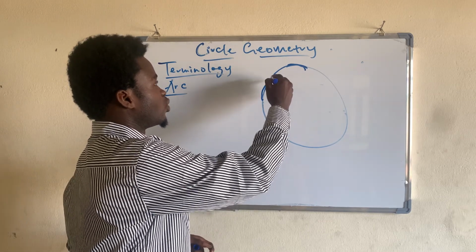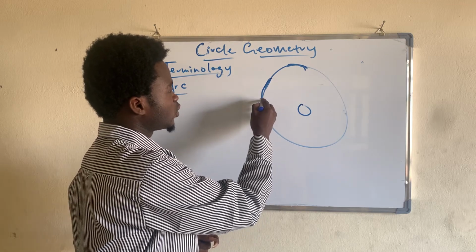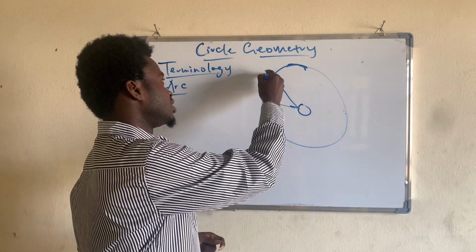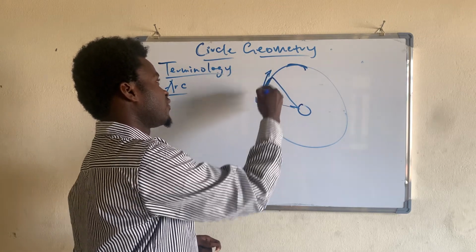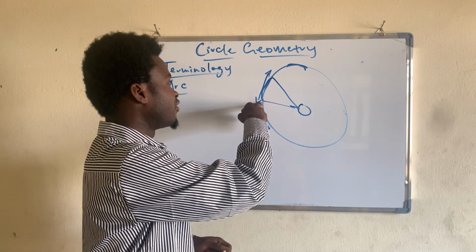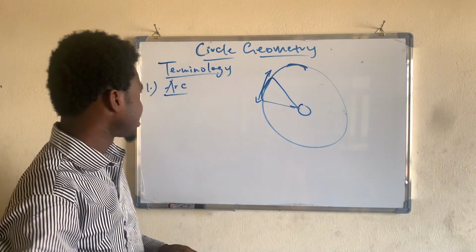Let's say we have the center of the circle and we have two lines drawn this way, a perpendicular line drawn this way. So the arc length is this distance covered here between the end points of the arc. That's the arc length of the circle.